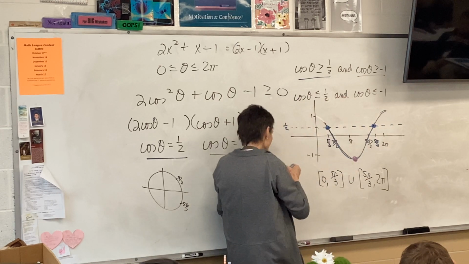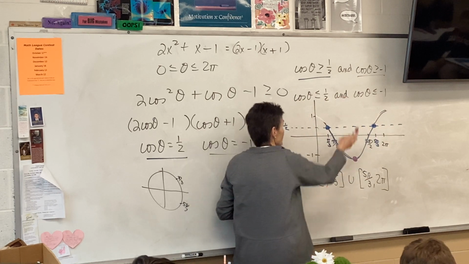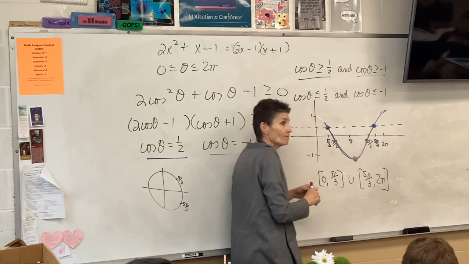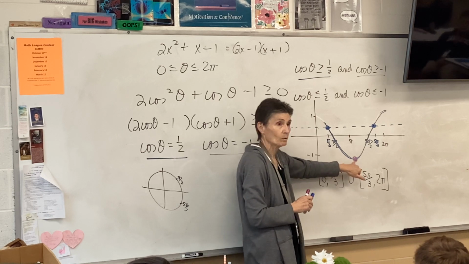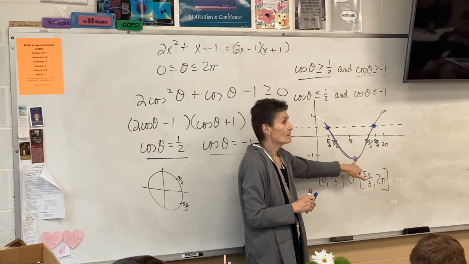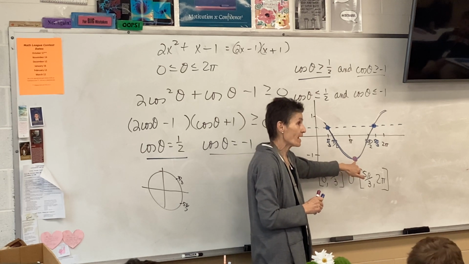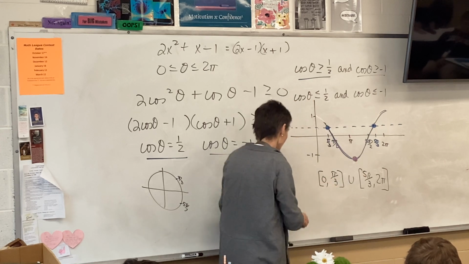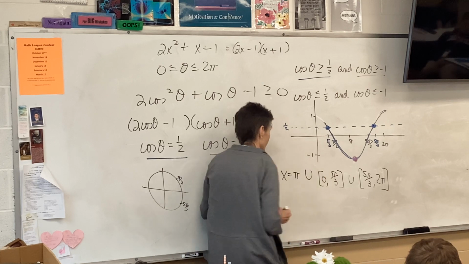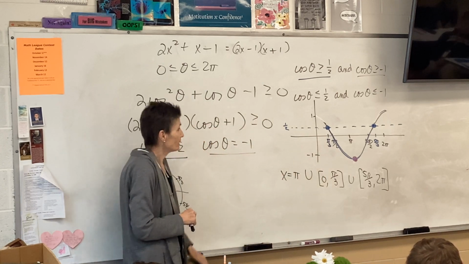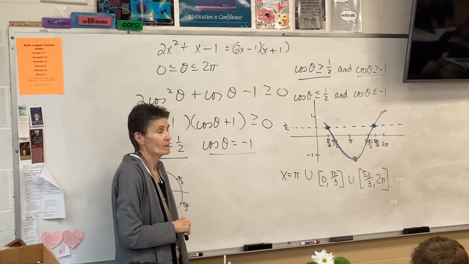And at the same time, I have to be less than or equal to -1. Well, I can't be less than -1, but I can be equal right there. Yep. So what's the answer to that case? Just pi. Yep. And there is the answer to the question.